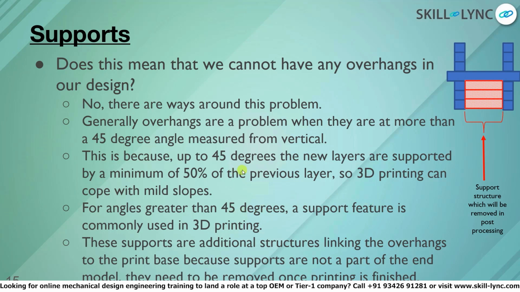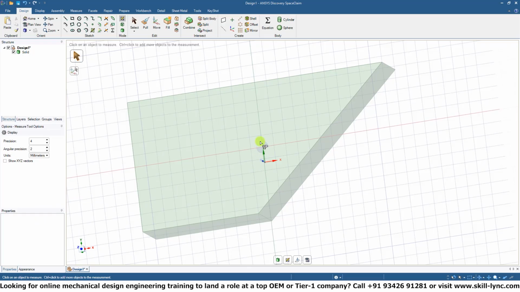The logic, or the science, behind the 45-degree angle is this. We work in angular increments of 90, because fully vertical is 0 degrees from the vertical and fully horizontal is 90 degrees, since the vertical and the horizontal line are perpendicular to each other.